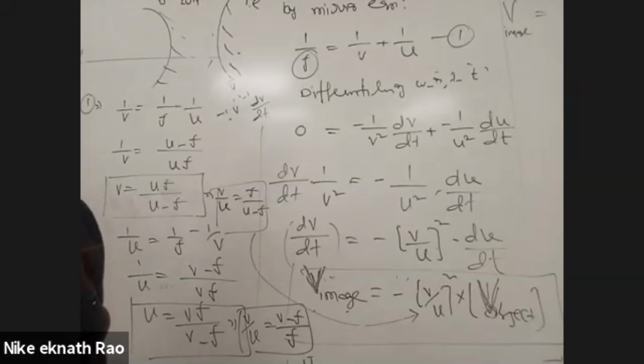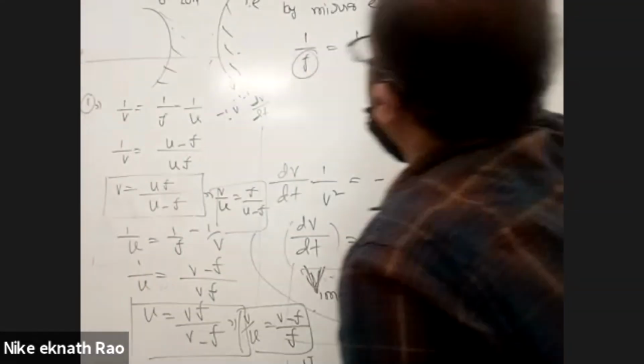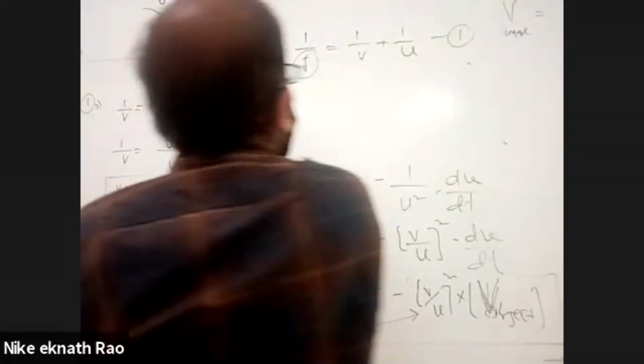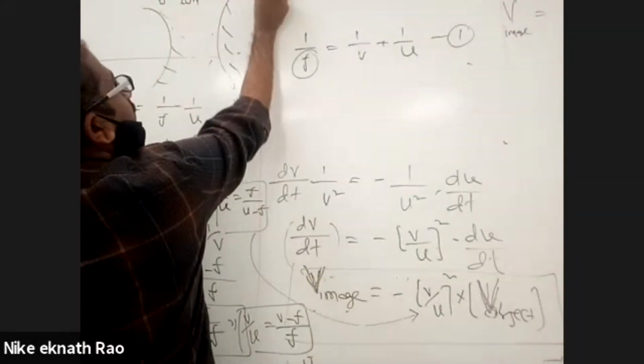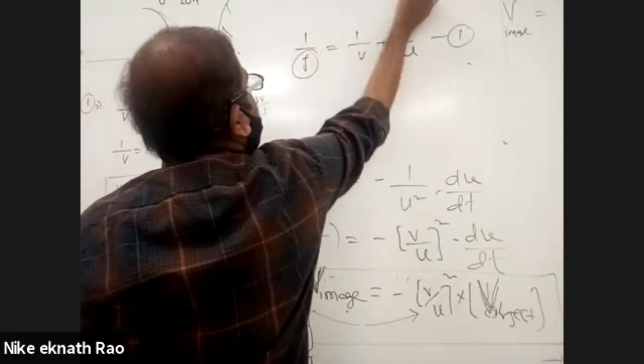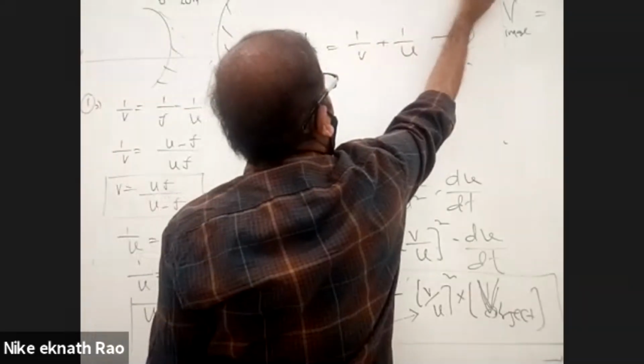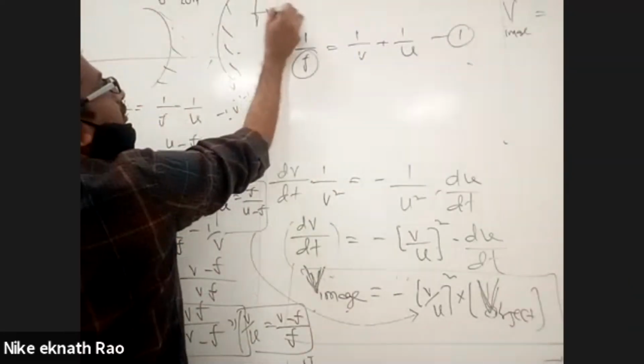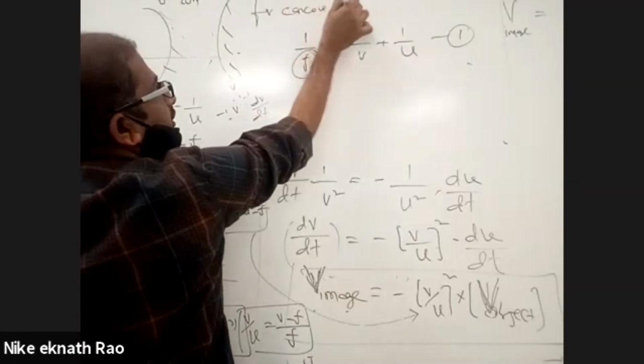Understood. Graph for concave mirror. Next, write the question: draw 1 by v versus 1 by u graph for concave mirror.